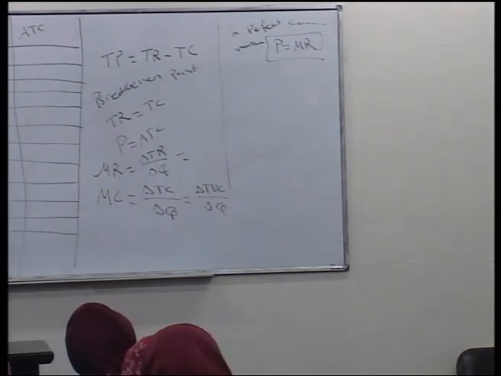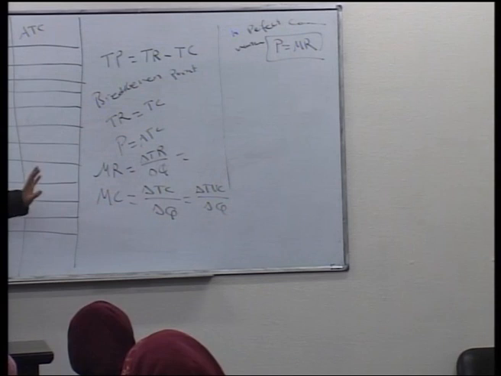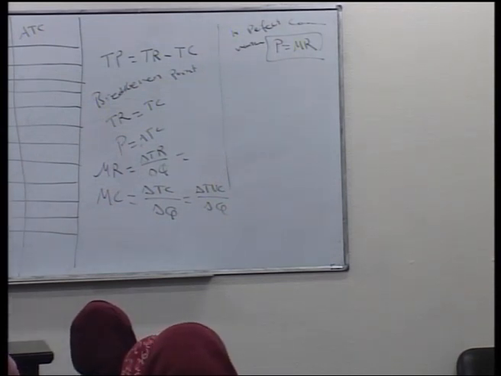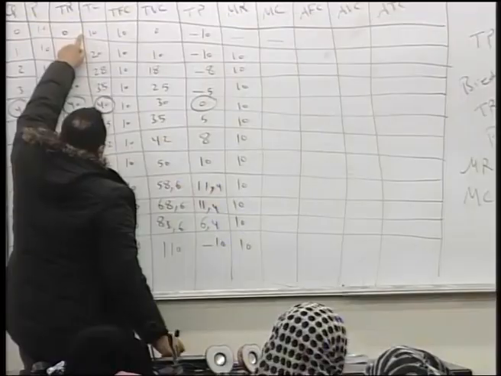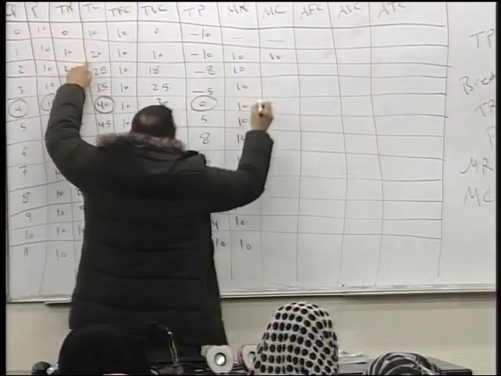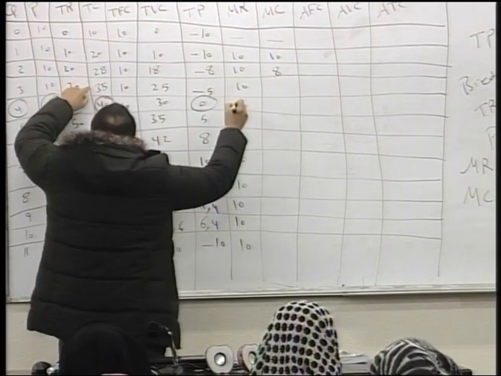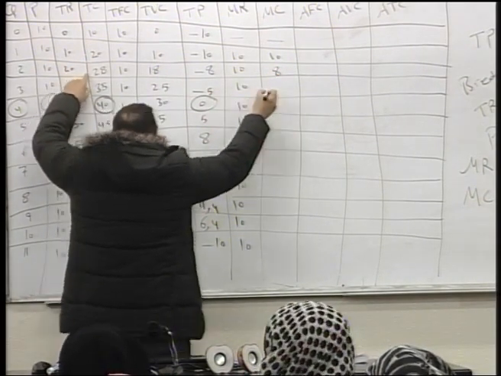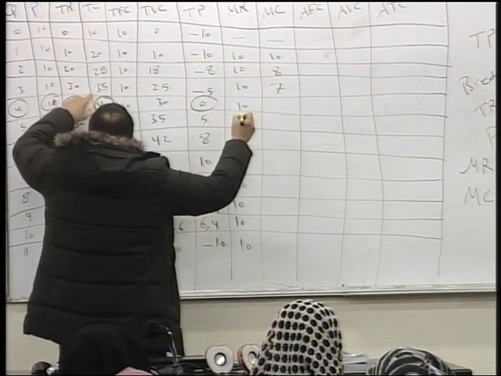As long as the change in quantity equals 1, the marginal cost in this case equals the change in total cost. So here 20, of course 0. 20 minus 10, 10. 8. How much is it? 7. 5.